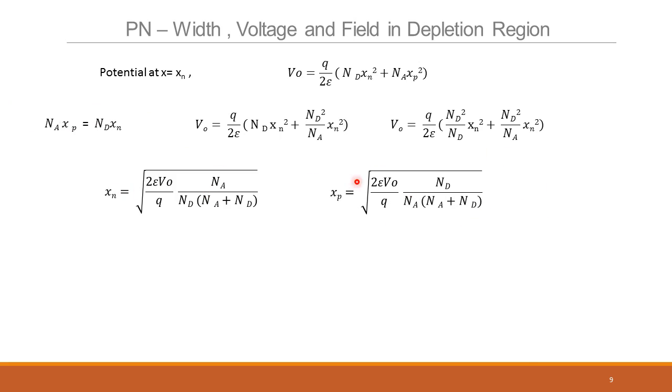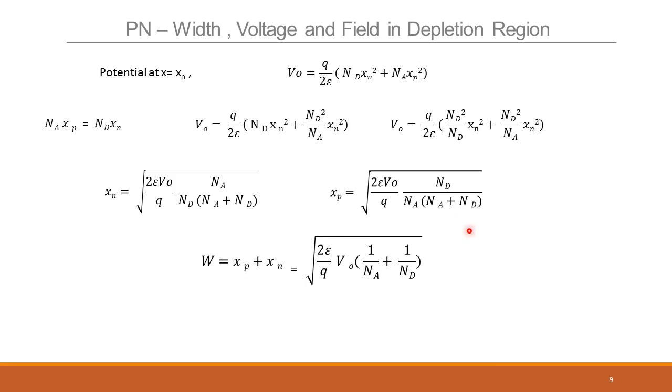And we know xn plus xp is the total width W of the depletion region. So when you do this, you'll get this form. You just have to work a little bit around to get it to this form, but you can prove it yourself. Take it as a homework exercise. So you get a W, which is this.